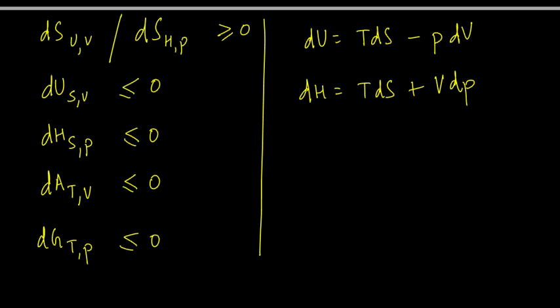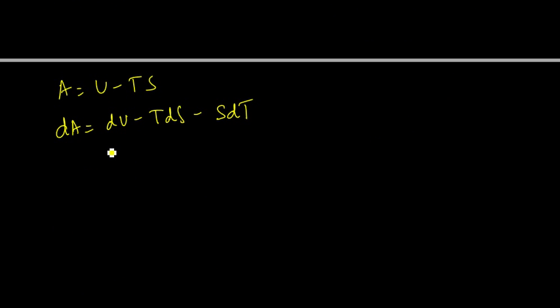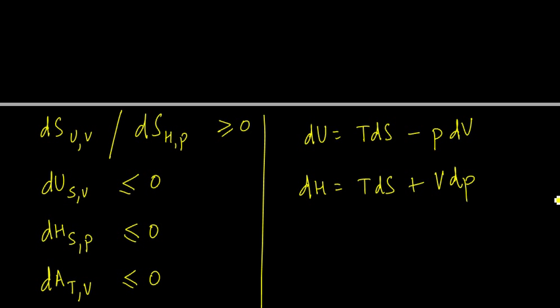So let me just quickly work it out over here in the next page and then come back. A is equal to U minus TS, or dA is equal to dU minus TdS minus SdT, and dU I would pick up from here, TdS minus PdV, which is equal to TdS minus PdV minus SdT minus TdS, which is equal to minus SdT minus PdV, right? So I'll put that back over there.